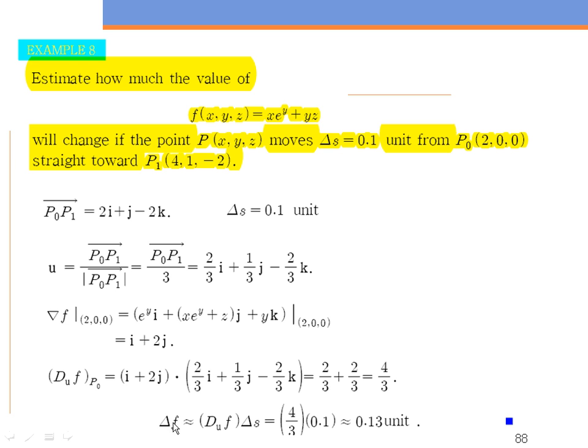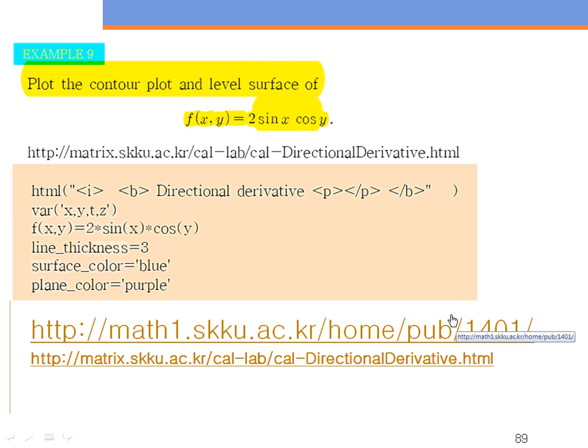Then delta f is approximated by the directional derivative times the change of s, 0.1 unit, which gives us 0.13 unit as the change of f when the point P moves delta s from this point to this point. So that is the answer.